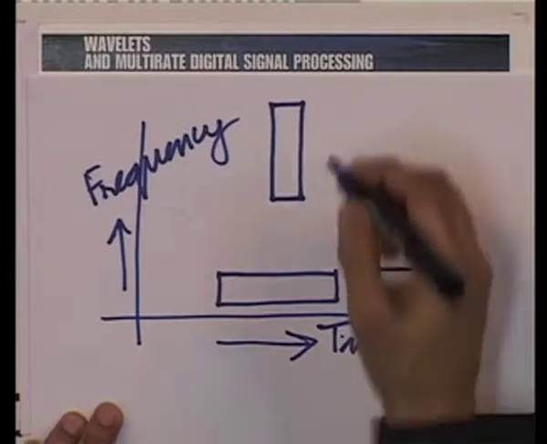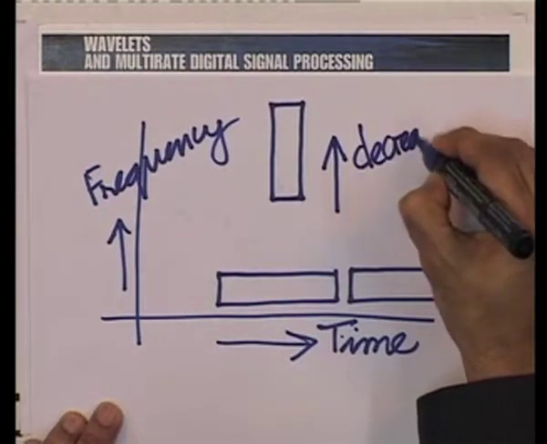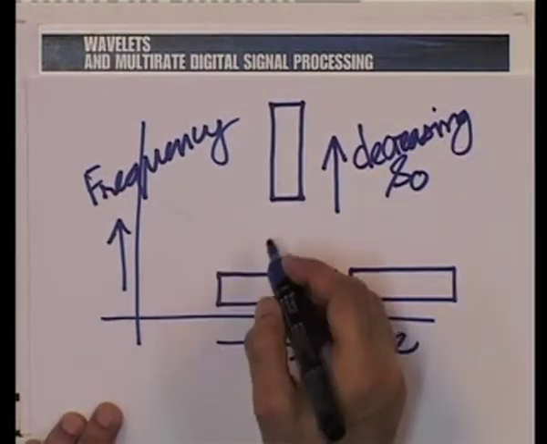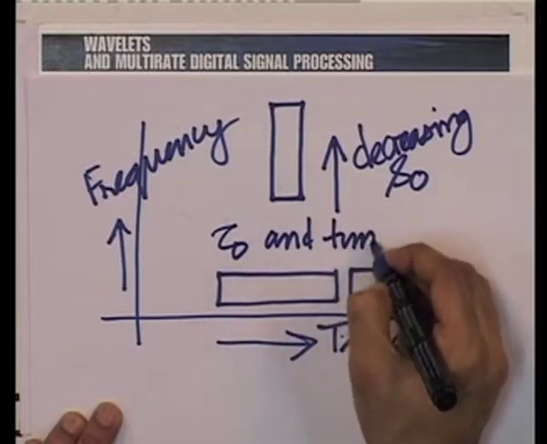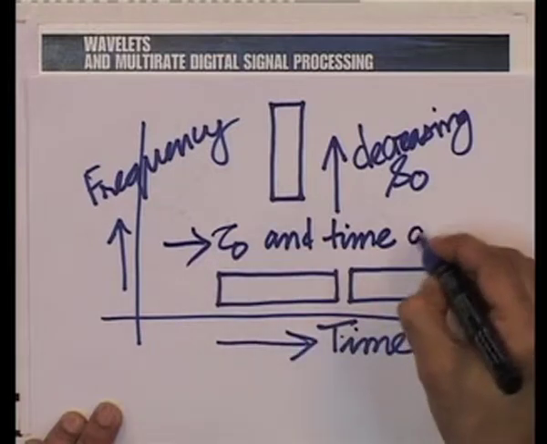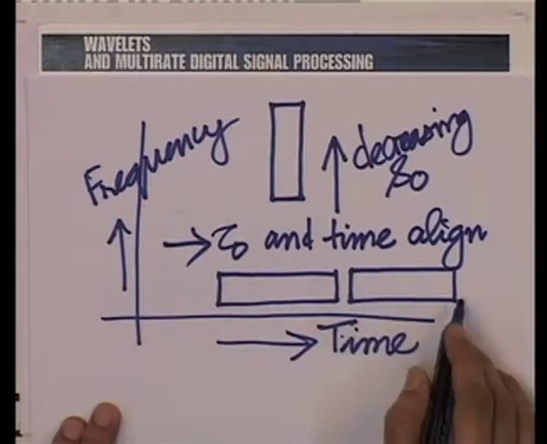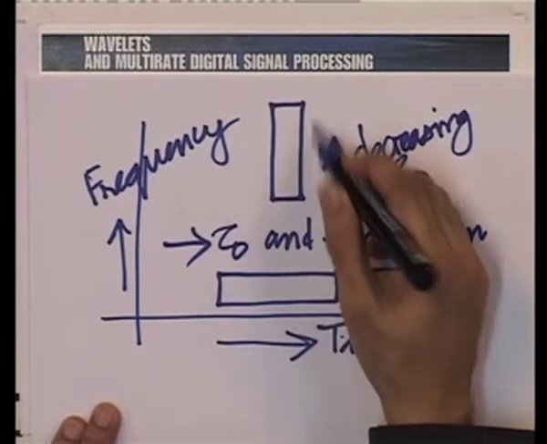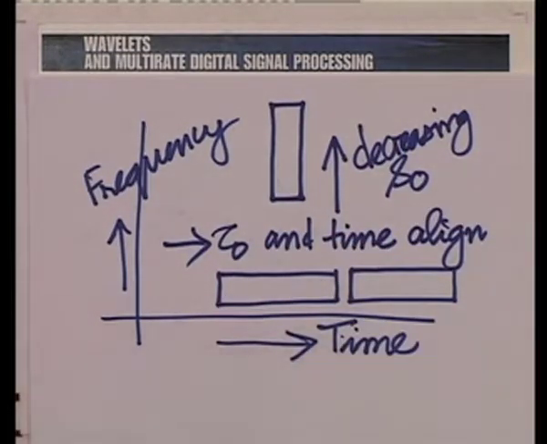And of course, this is decreasing S naught, and tau naught follows the same pattern as time. So, tau naught and time align. As one moves along tau naught, one is moving along time. As one moves along S naught, for decreasing S naught, one is expanding, or when one increases S naught, one is contracting. So, this is the whole situation now.